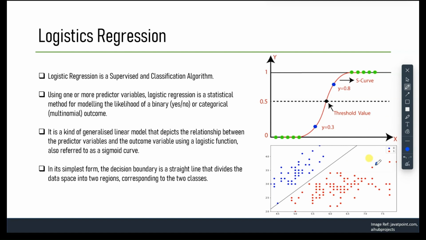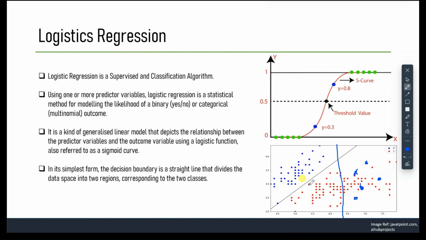Let's say you have blue points here also. You can see, if you draw a line in any direction, let's say this direction, you will still have both the classes in this zone, and both the classes in this zone. Sometimes your data set will contain data like that, where you won't be able to separate two classes by a line or a plane. Then this type of data set is called a non-linearly separable data set.